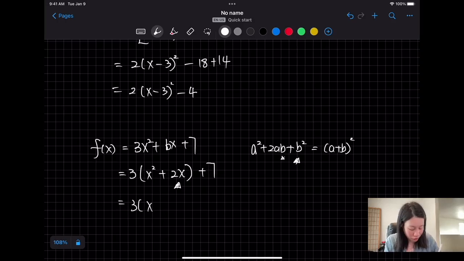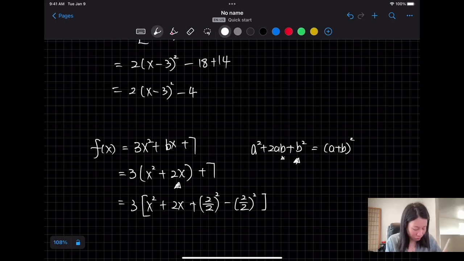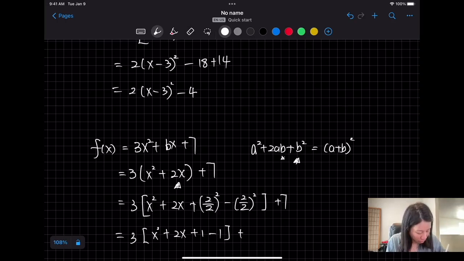So that means in here, I need to add half of 2, squared. Also, I need to subtract it back because I need to balance out the function. Let's use a different layer of parentheses. Plus 7. Now we can simplify. I have x squared plus 2x plus 1 minus 1, plus 7.